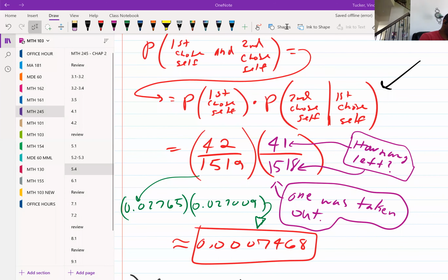Any questions on anything? Yep, it may. More than likely it will ask you to round it to however many decimal places.